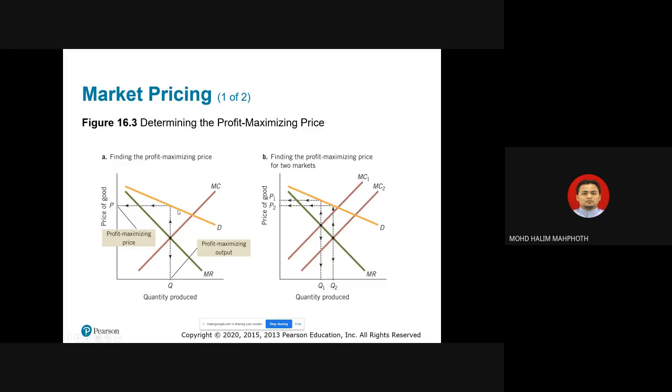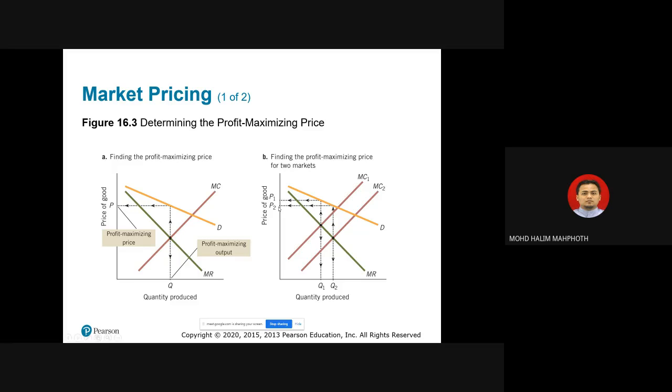Like here, when it comes to two different marginal costs at different quantities, you can see the difference. Higher price, lower quantity. And here, the more you produce, the lower the price.